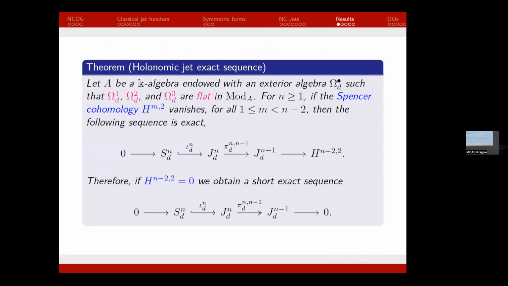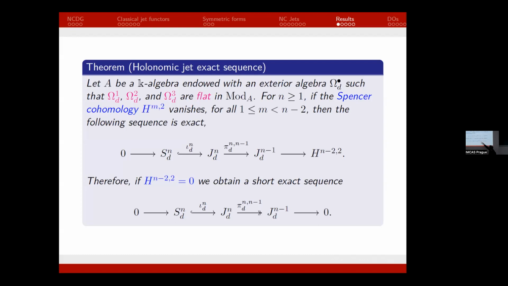So now some results. First of all, our jets under reasonable assumptions do satisfy the short jet exact sequence. Now the first assumption is flatness, and as I said, we don't have to be scared of it, but the second assumption is still a bit scary. That is until we think of the meaning of Spencer cohomology, which should more or less correspond to the solvability of differential equations.